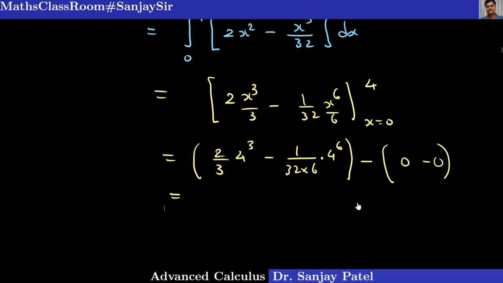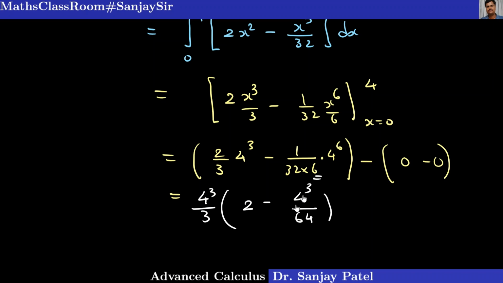How to simplify in an easy way? Say 4 cube by 3, I can take as a common factor. Yes, taking 4 cube by 3 from both the terms, here we will get 2 only, and here 4 cube is gone, so 4 to 3 is still there, and we have taken 3 common, so this is 2. So 2 into 32 is 64. So we get 64. Fine.